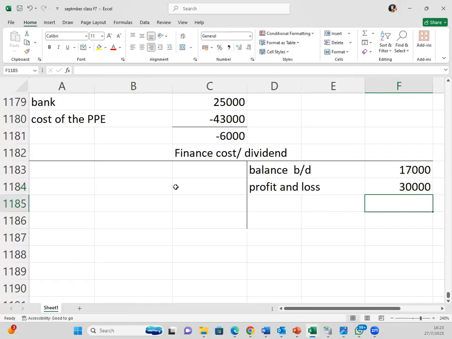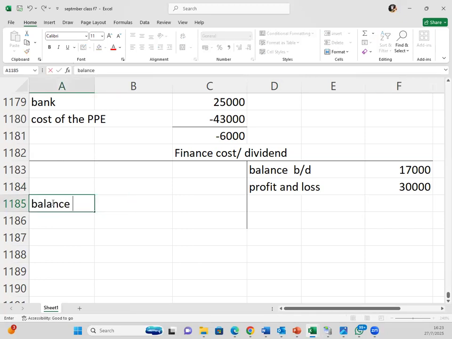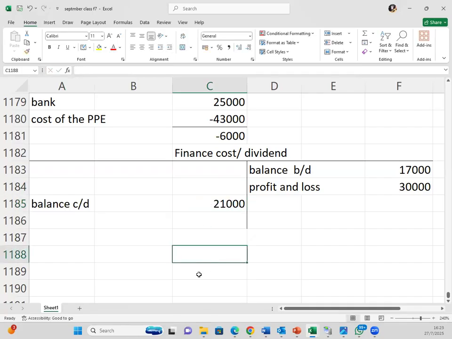Then the balance CD will be given in the liability section. The balance CD will be provided. So the balance CD could be, let's just say, 21,000. So the balancing figure is your finance cost paid.